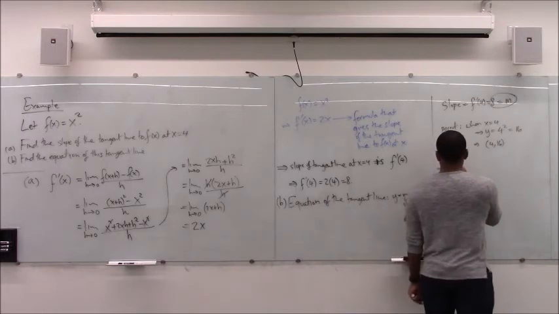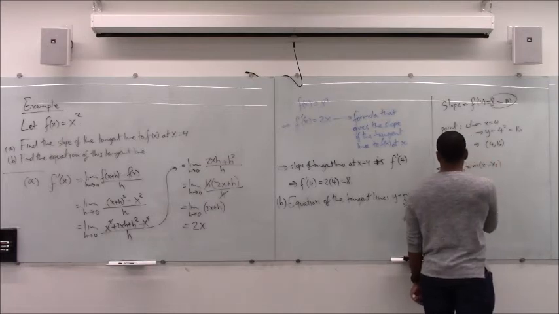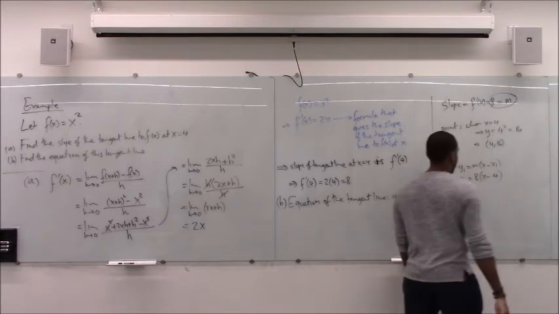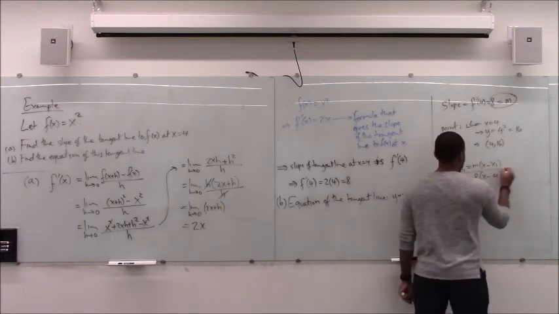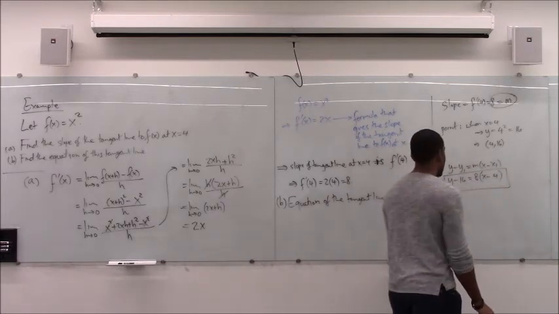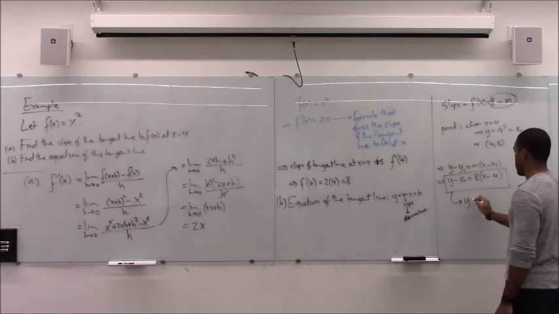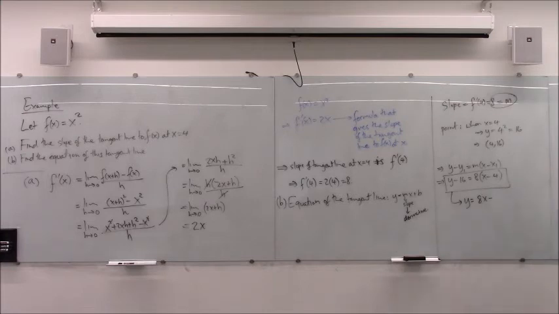So that's y minus y1 equals m times (x minus x1). y minus 16 equals 8 times (x minus 4). And that would be your tangent line. Or if you wanted to write it in y equals mx plus b form, which I asked for, of course, this is 8x minus 4 times 8.